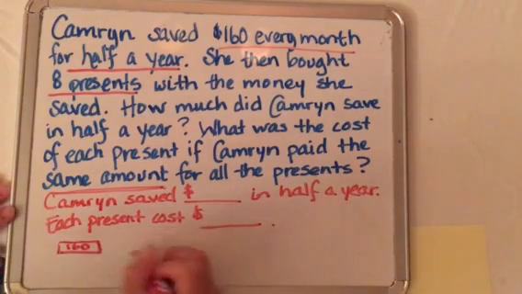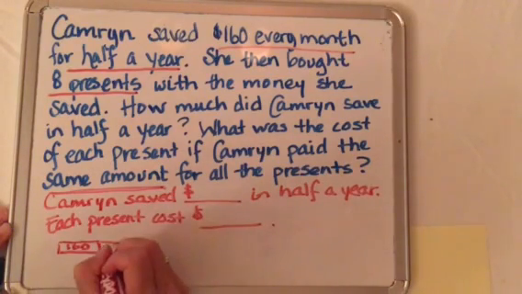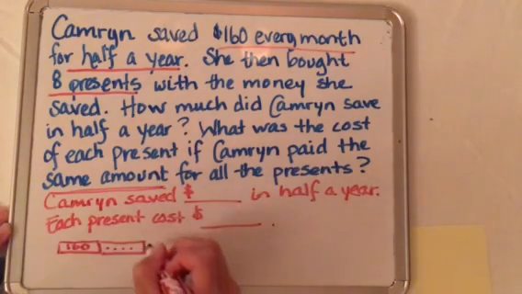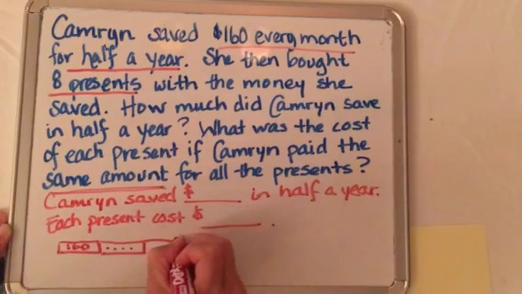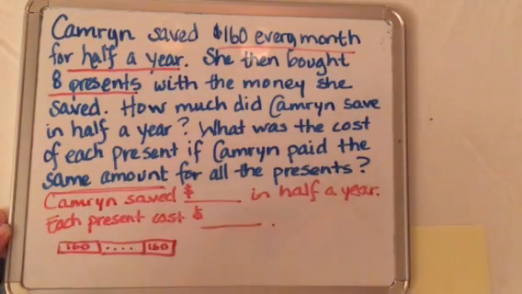Now, you could draw your bars repeated 6 times, or what you can do is draw ellipses so you don't have to draw so many bars, and show that they're being multiplied by 6. So it's the same amount 6 times. So that's going to give us how much she saved for half a year.